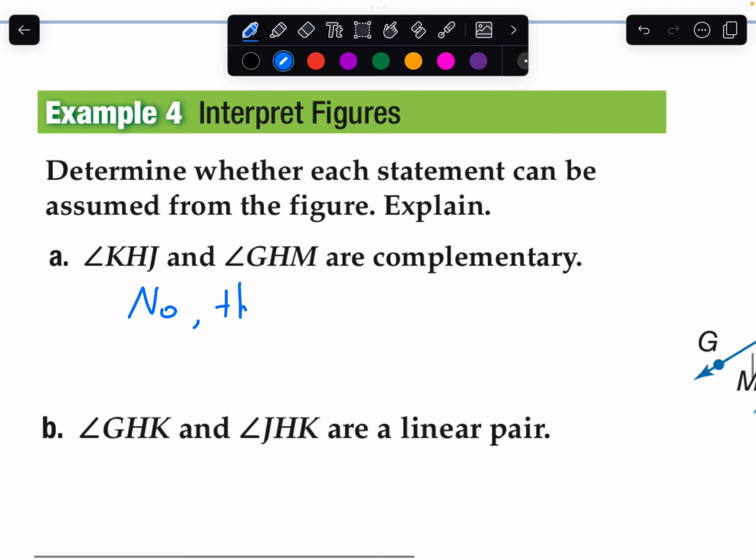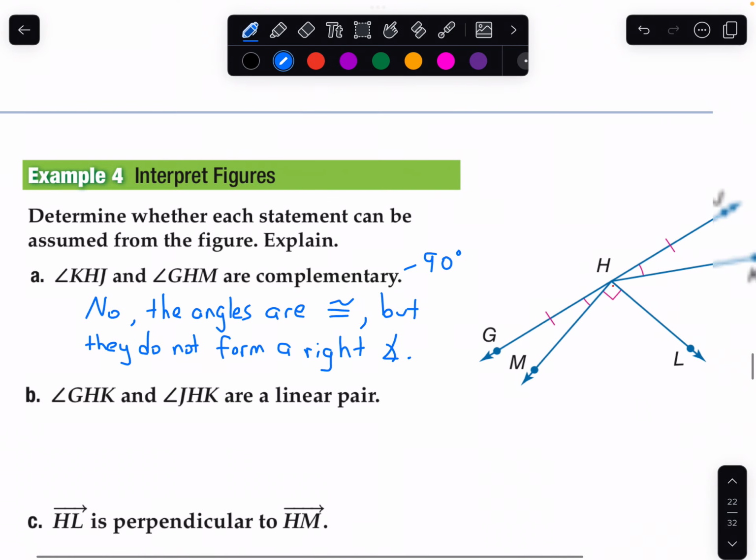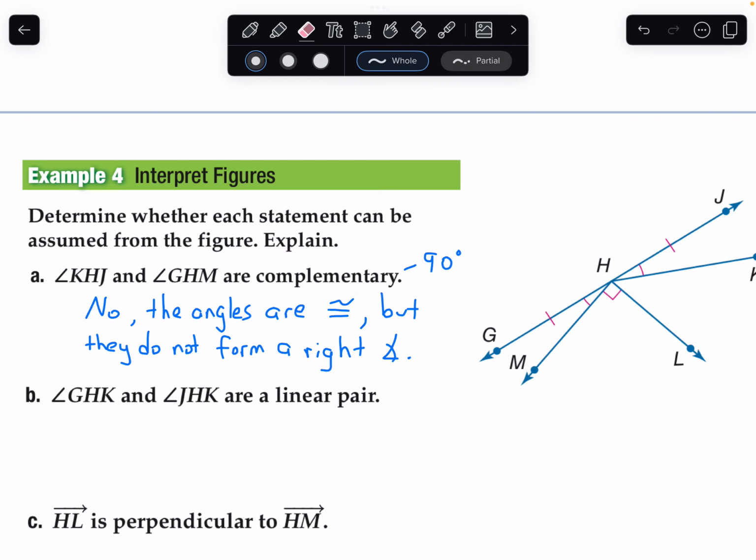The angles are congruent but they do not form a right angle. Remember, complementary means add up to 90 degrees, aka right angles. These two don't do that. At least they don't appear to. Maybe they're poorly drawn, very small drawn 45-degree angles, and they do, but you can't tell from here. That's what we're looking for. What could we definitely guarantee from here?